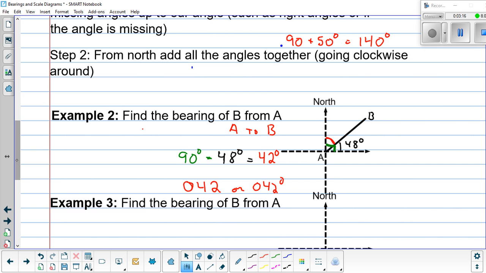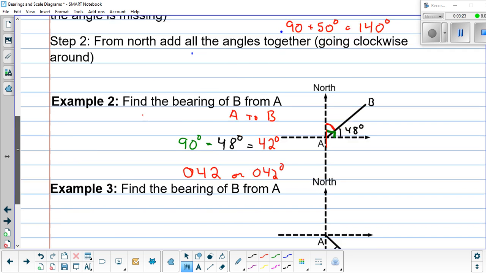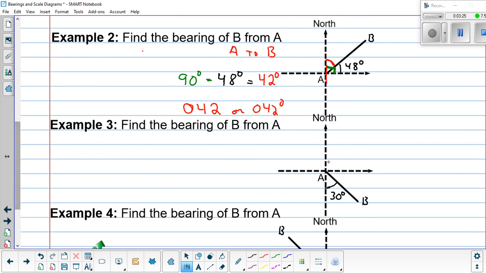Okay. Let's do example 3. So finding the bearing of B from A. That means, once again, we're doing this part in red. So we know if we want to go the entire way, an entire half circle, that's 180.